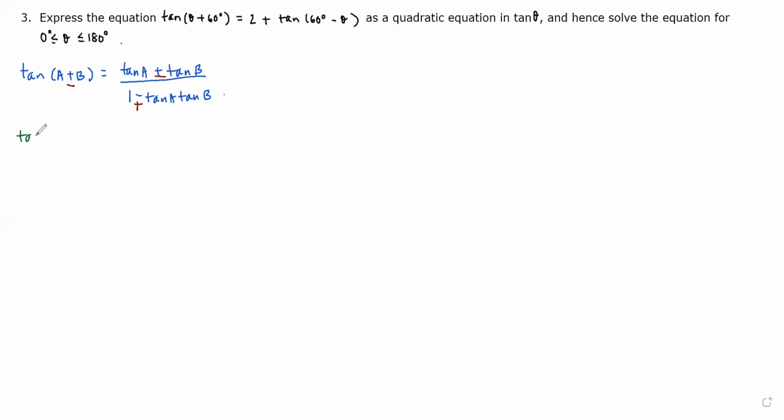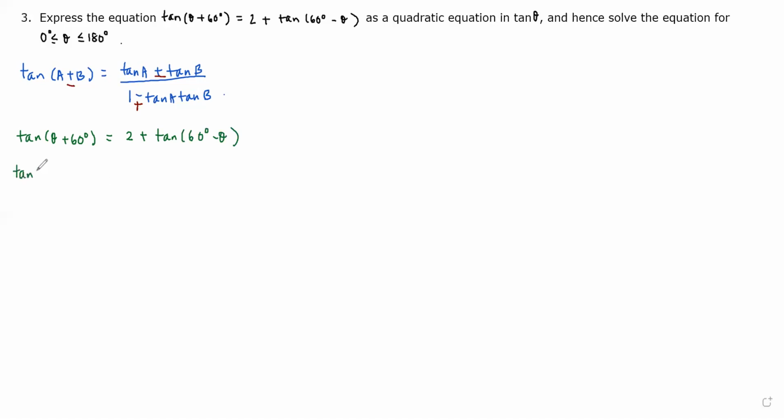The equation is tangent of theta plus 60 degrees equals 2 plus tangent of 60 degrees minus theta. So we are to expand the left side here using the compound angle formula.